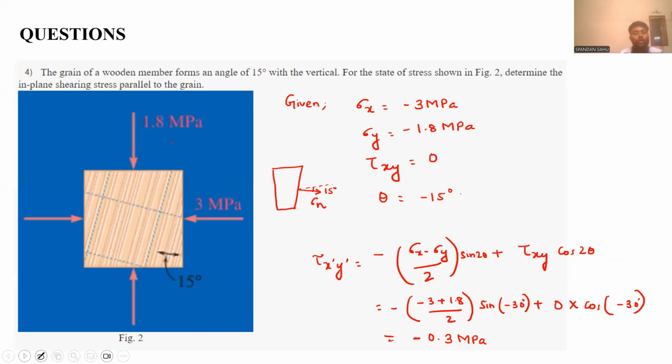So, from these two questions, what inference we are getting is that the question can be framed in different ways. In this question, they have provided us the principal stresses, which is 3 MPa and 1.8 MPa respectively.